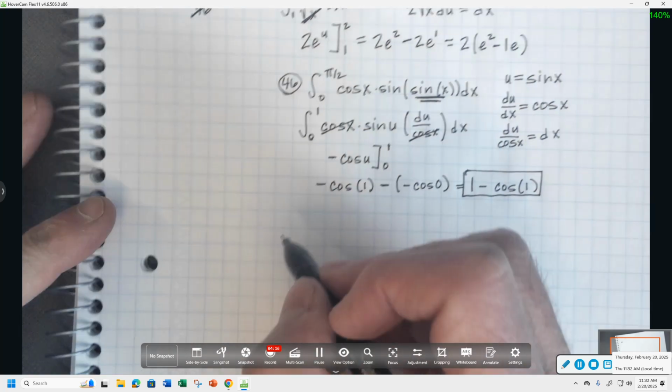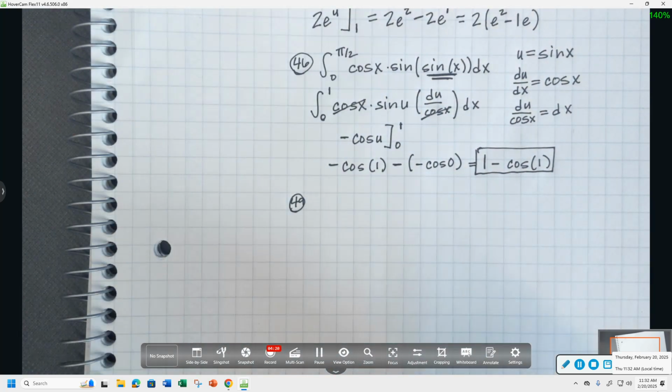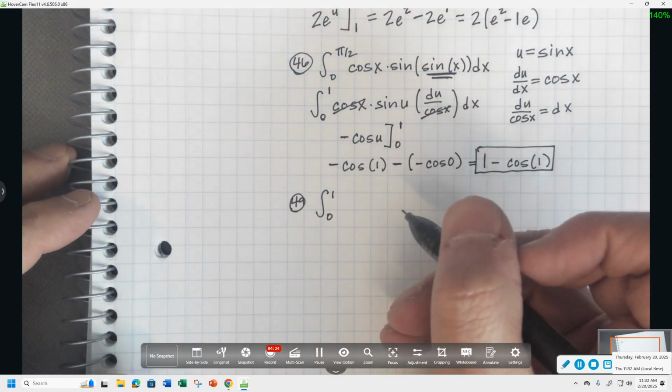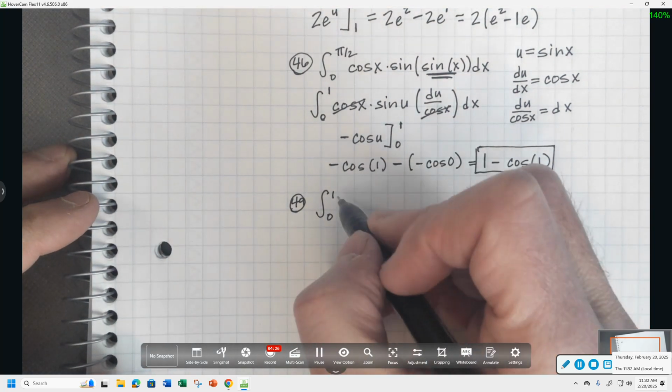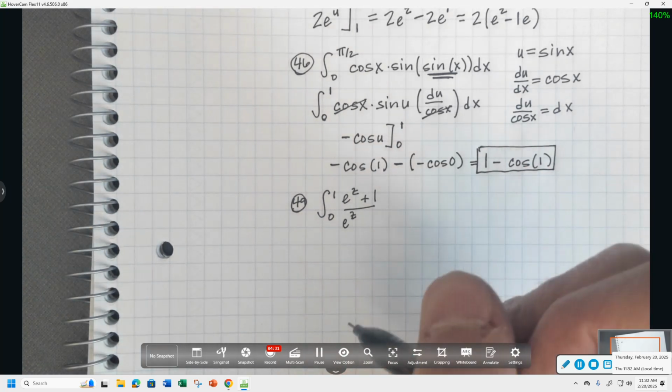All right, moving on, 49. Okay, 49, we have the integral from 0 to 1 of e to the z plus 1 over e to the z plus z.